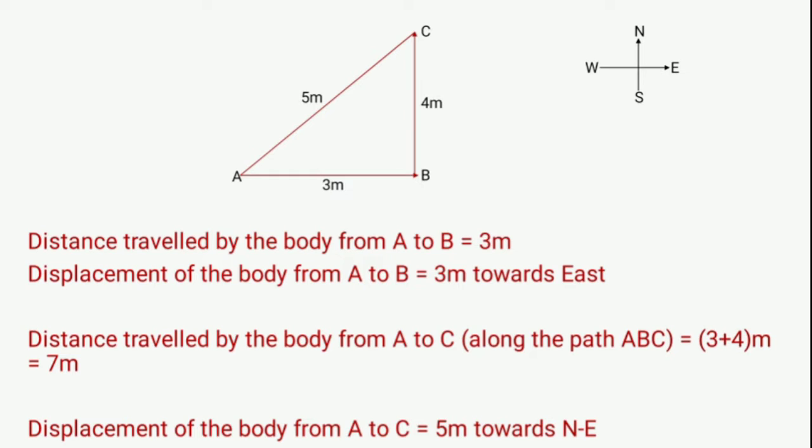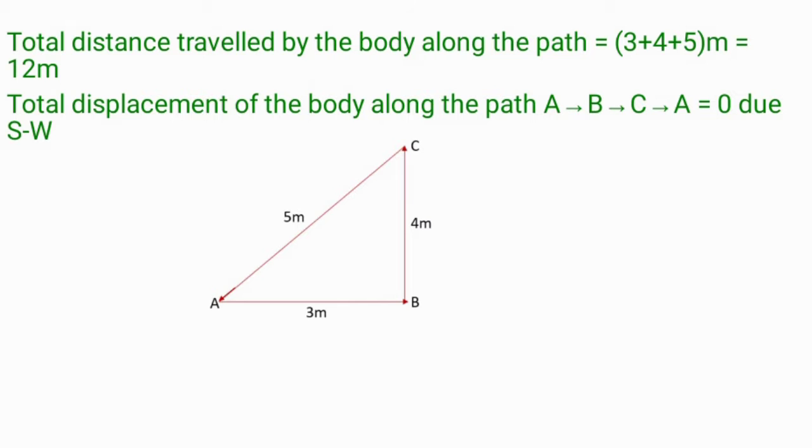You know, displacement is the shortest distance between the initial and the final position. So A is the initial position and C is the final position in this case, and the direction is towards northeast. If the body starting from A comes back to A again after traveling along the path ABCA, then the total distance traveled by the body will be 3 meter plus 4 meter plus 5 meter, that is equal to 12 meter.